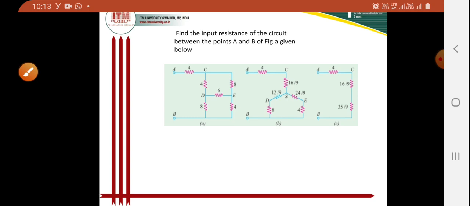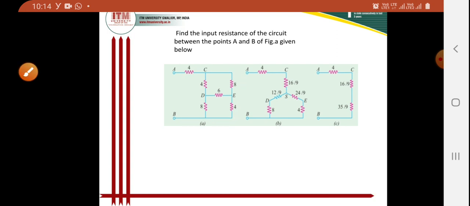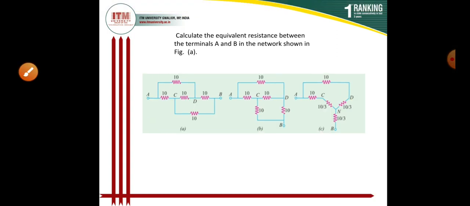So by applying the delta to star conversion method in this circuit, we very easily reduced the circuit, and you are able to simplify it, and then very easily we can find the equivalent resistance between terminals A and B. Similarly, you can come to this figure.